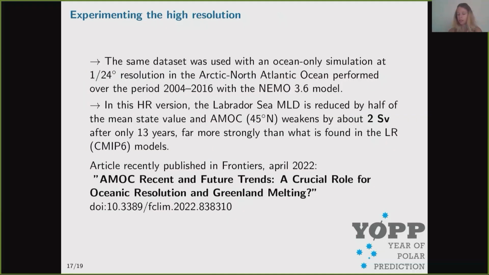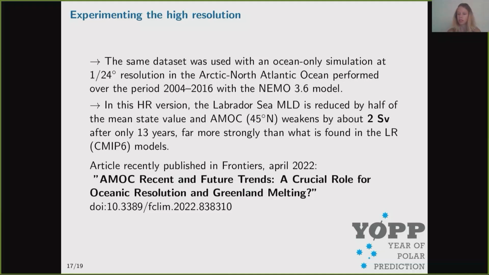A quick last note before I move on to the take-home message is that we performed an ocean-only freshwater forcing experiment at a 1/4 degree resolution, and with this one-member experiment, freshwater went directly to the Labrador Sea and reduced the hammock by 2 sverdrop, sorry, after only 13 years.